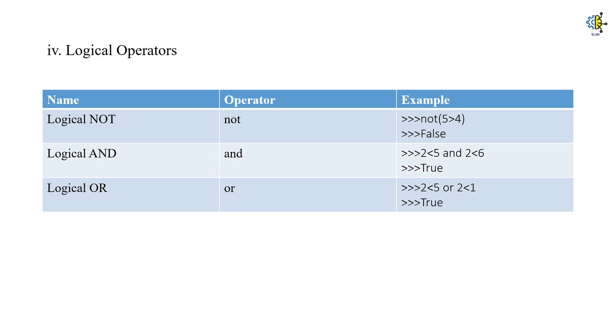Now we know that the first condition, 2 less than 5, is true. But if you see, the second condition, 2 less than 1, is false. But as we are using the logical OR operator and the first condition is true, as I said, even if one of the conditions is true, the logical OR operator will return the value true. Hence, we get the value true in the result.